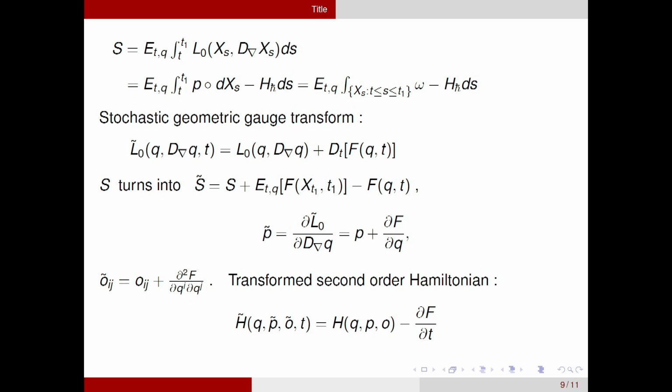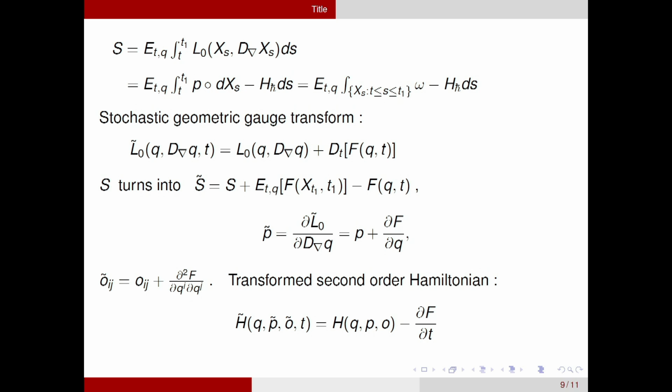Okay, stochastic geometric gauge transform. You take your original Lagrangian, you act with a differential of f. The differential is a conditional expectation, a limit of conditional expectation. For the same reason as classically, the new one has only an addition of the two terms at the boundary of the time interval.